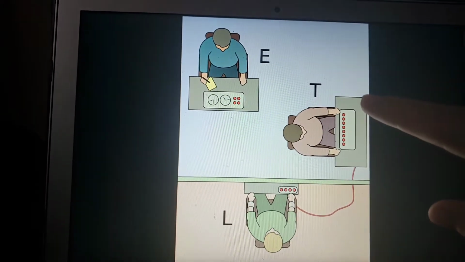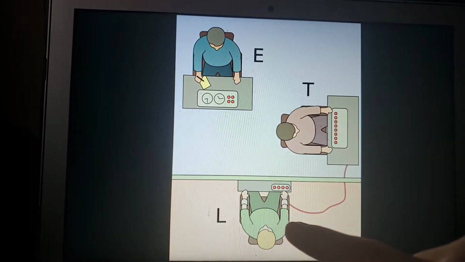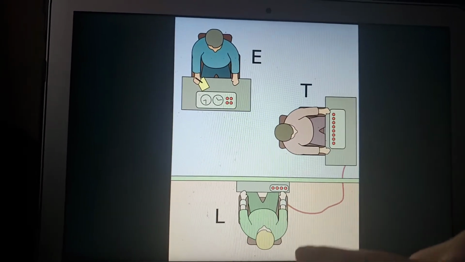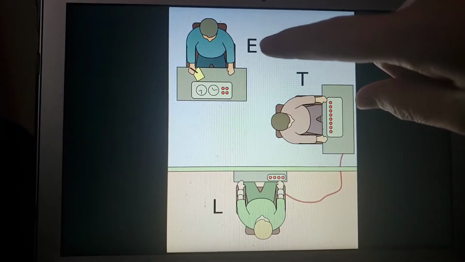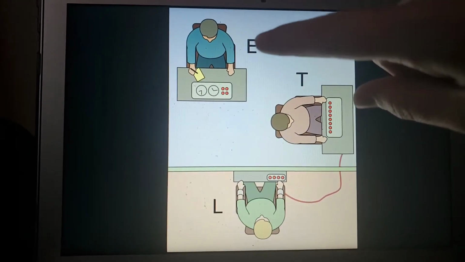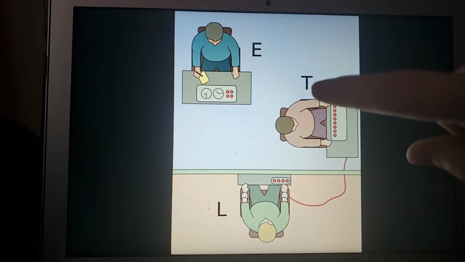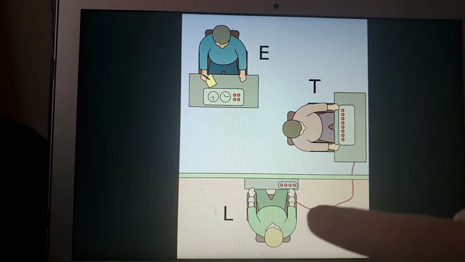Letter T is to give the shocks if letter L gets a question wrong. E is the person in charge. He's going to be telling letter T what to do. So he's the teacher and he's the learner.